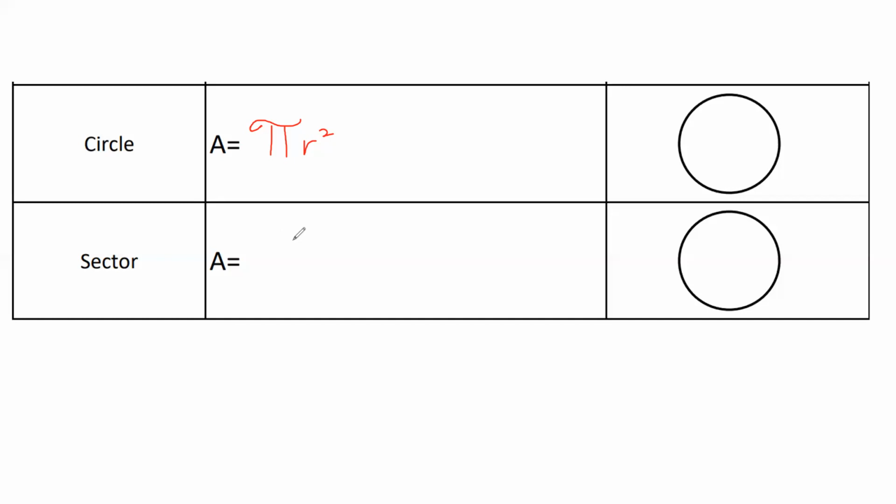sector. All right. Actually, before we go there, let's label this figure. On this circle, the one piece you need to know is, of course, our radius. Now, what is a sector? Anybody know? Because we have not talked about that yet this year. It has something to do with a circle, though. If I said a sector of a circle, what do you think?